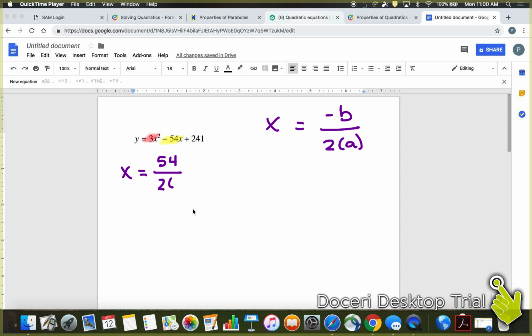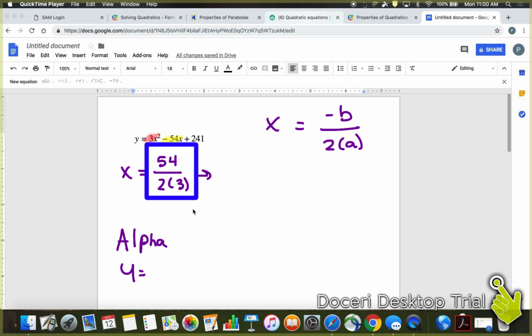So 2 times 3. So if we do this multiplication, now there's one or two ways you can do this. You can either go ahead and put this in alpha y equals, and then just type this whole thing in, and that'll solve that for you.